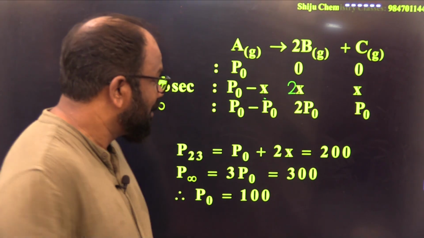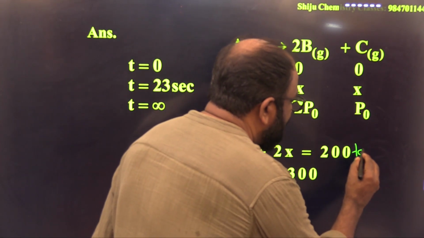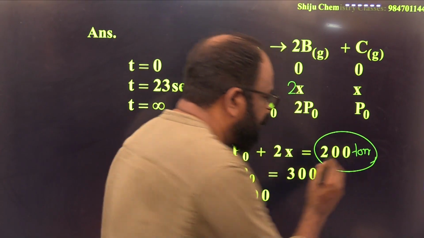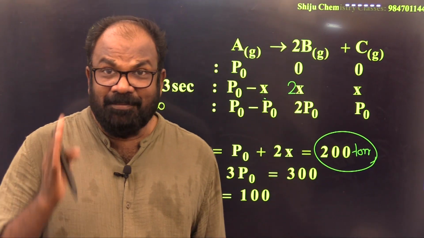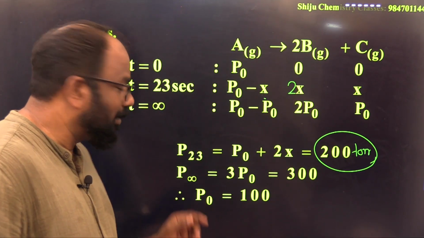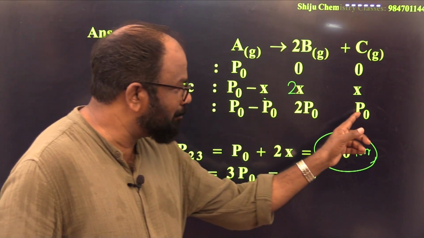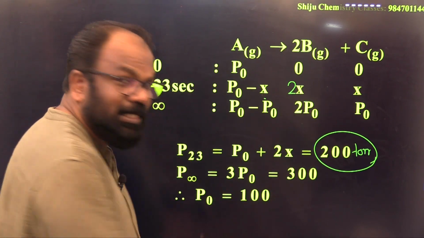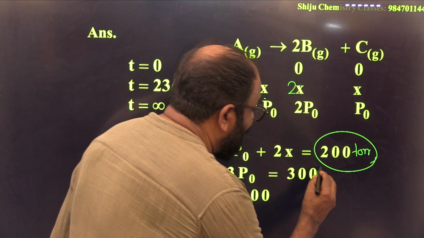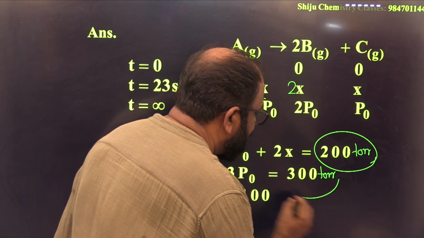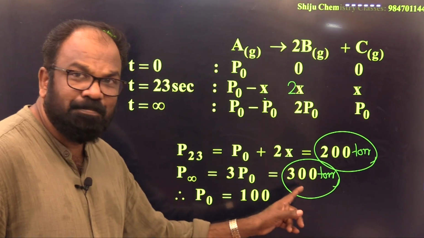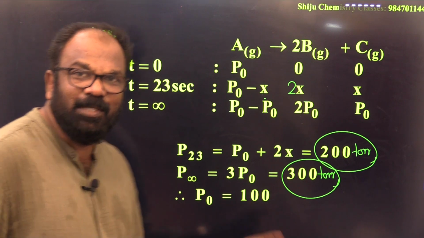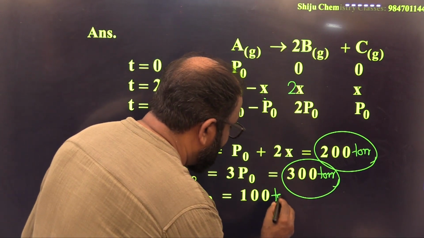It is given as 200 torr. Then the pressure after infinite time, that is P infinity, is equal to 2P0 plus P0, that is equal to 3P0. It is given as 300 torr. From this, P0 can be calculated. It is equal to 100 torr.